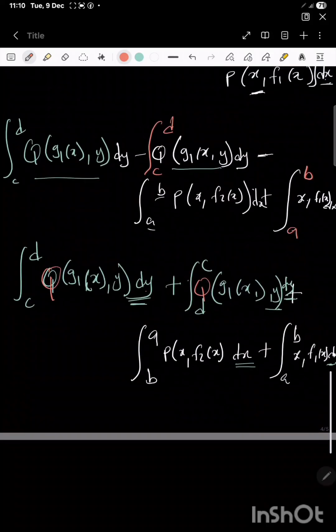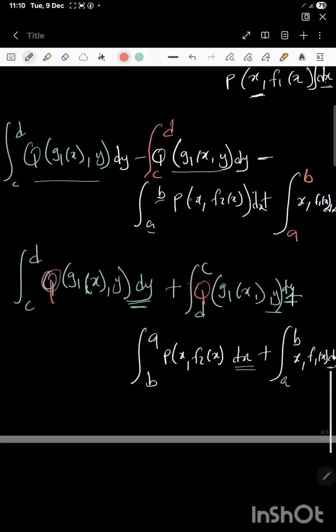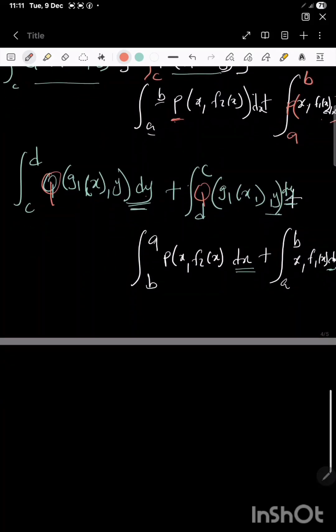Here you have a p, and there also you have a p. So don't forget that this is p, that is q. Since this is a function of q and this is a function of q, what we are going to do then is put them in one format.